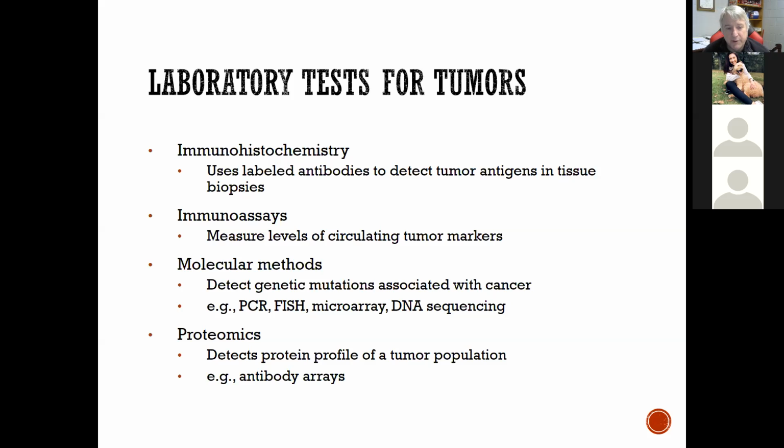So it helps them diagnose, prognose and treat, whether it's a tumor in the liver that we've taken out surgically, or a tumor biopsied from a breast or a kidney, that we know where it originated from. It might have originated from testicular cancer, but it's now in the brain, now in the lungs. So we definitely have immunohistochemistry using labeled antibodies.